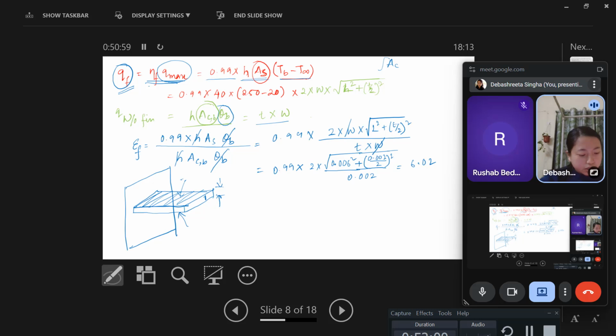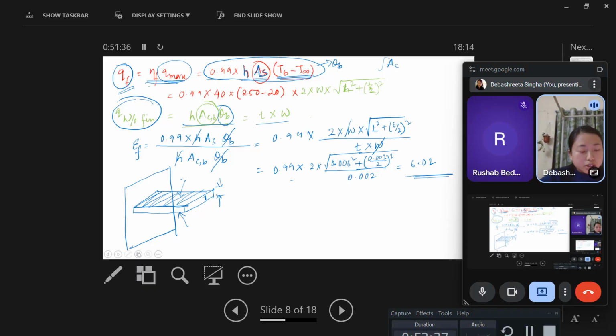So it's better to find it from here: 0.99 into H A S into TB minus T infinity. This is also known as theta B. This is the numerator part. The denominator part is Q without fin, that is, if there was no fin, you find what Q is. Then you get this. So till here was the first part of the question.